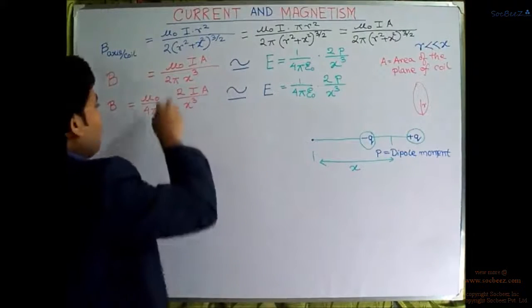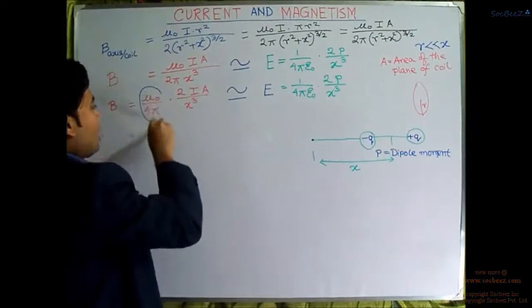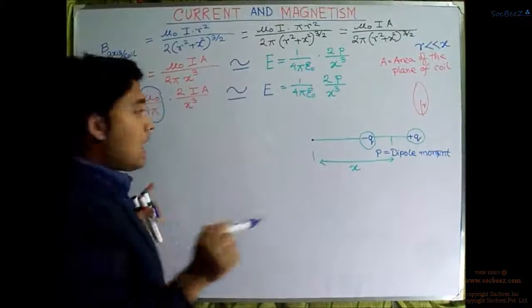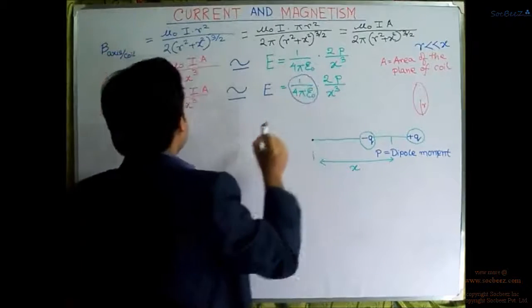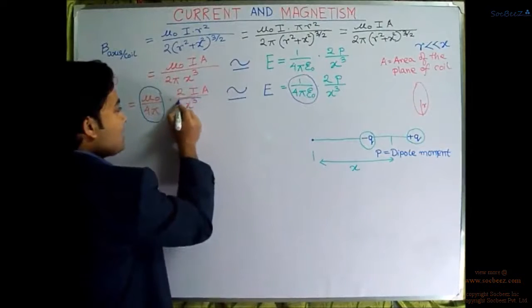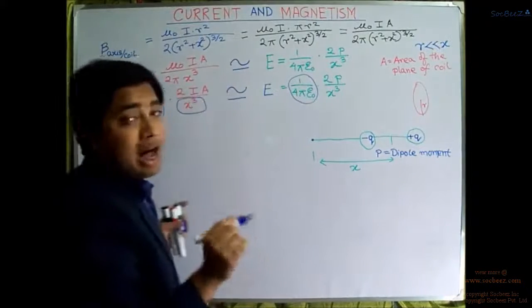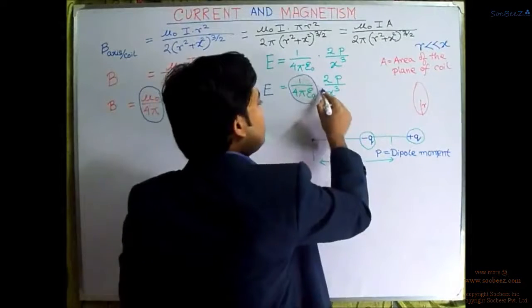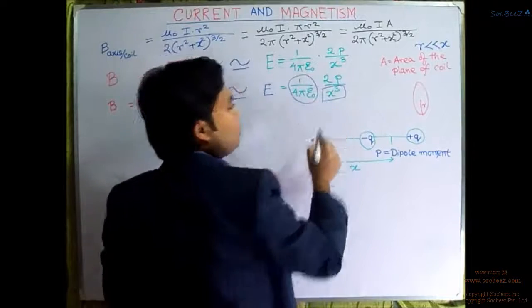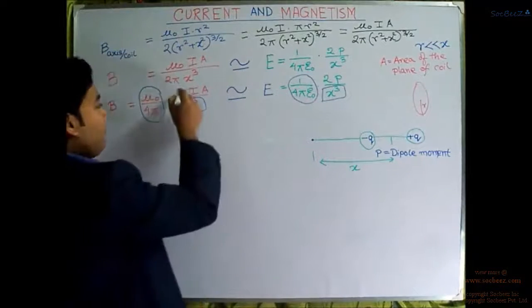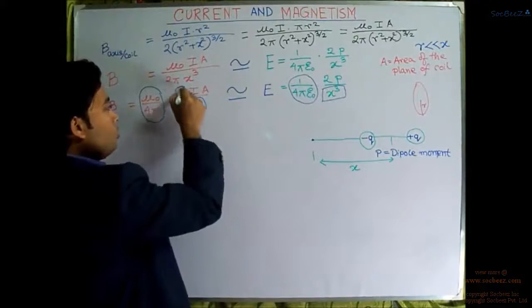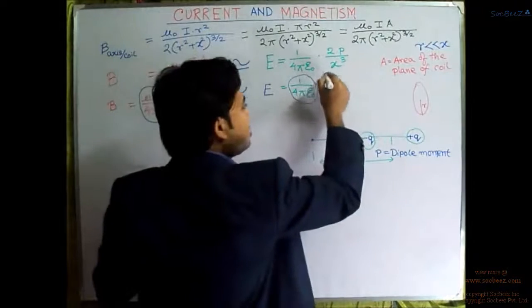This is a constant value, likewise this is also a constant value. We have x cube over here, and x cube is also present over here. And we have found this 2 and this 2.